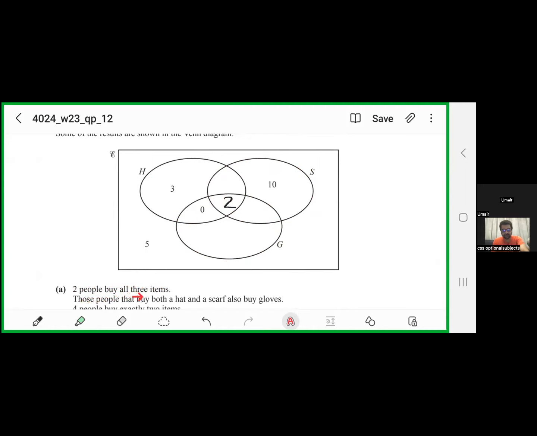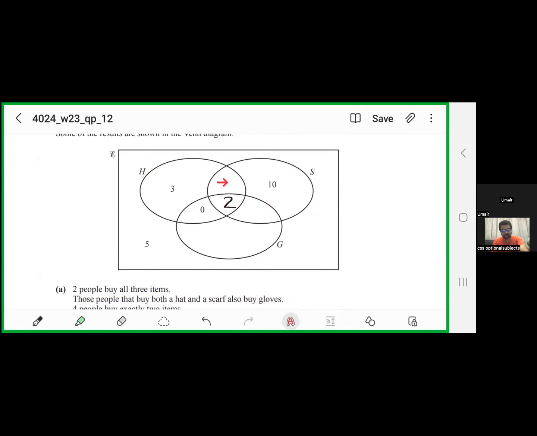Those people that buy both a hat and a scarf also buy gloves. Well, I can say that they are talking about the same two people. Those who buy both a hat and a scarf also buy gloves, so that is this one which they have already told us.